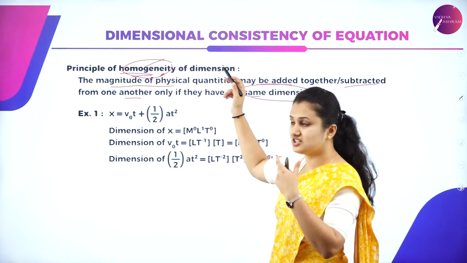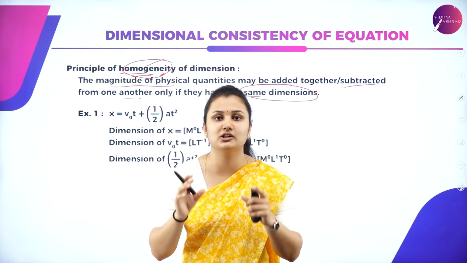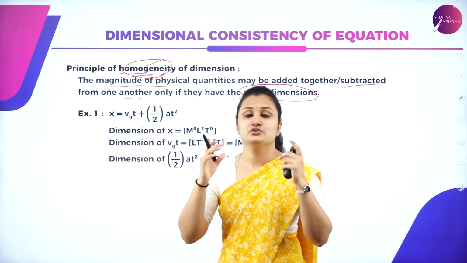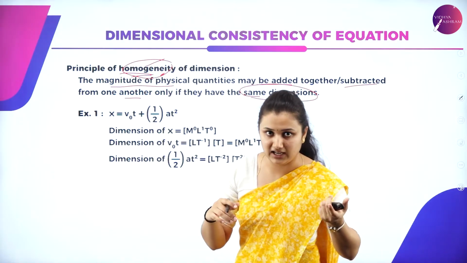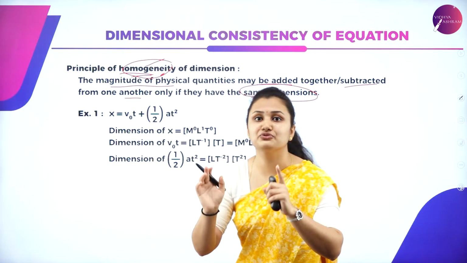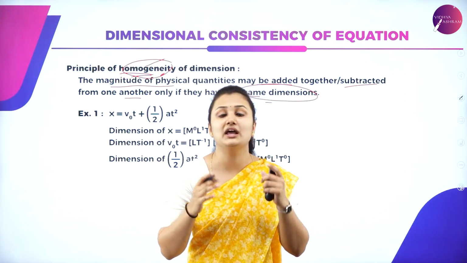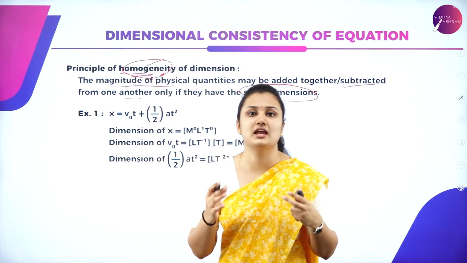Homogeneity of dimension states that a magnitude of a physical quantity can be area, length, volume, mass, etc. They may be added or subtracted only if they have same dimensions. In other words, you can add or subtract a physical quantity which has same dimension.